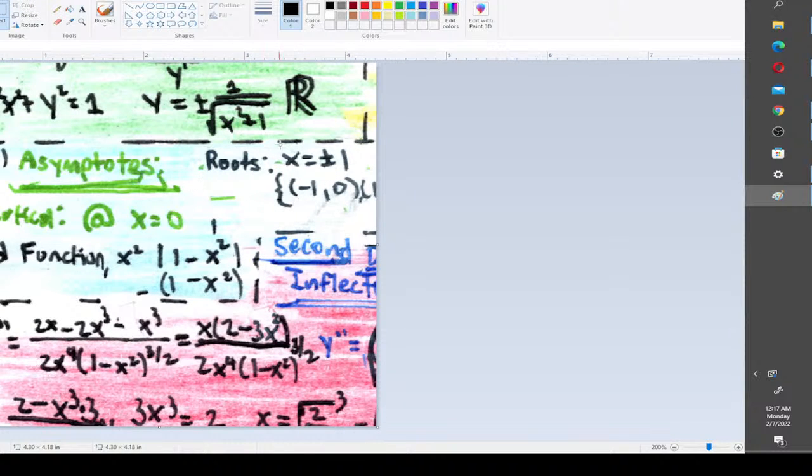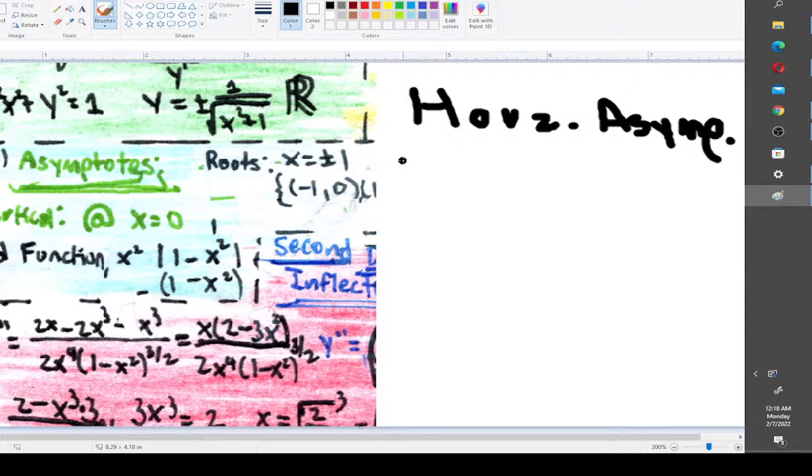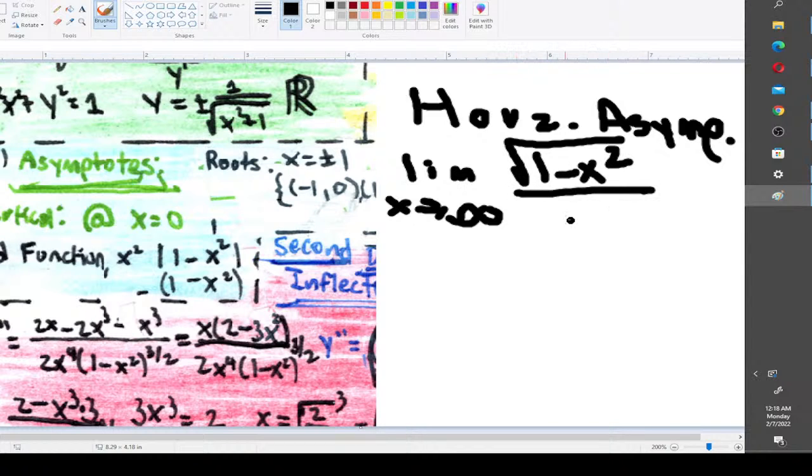All right, so asymptotes: you have a vertical asymptote at x equals 0, and there are no horizontal asymptotes, because if you try taking the limit, I'll do the limit on the side. For a horizontal asymptote, we want to find the limit as x approaches infinity of square root of 1 minus x squared over x.